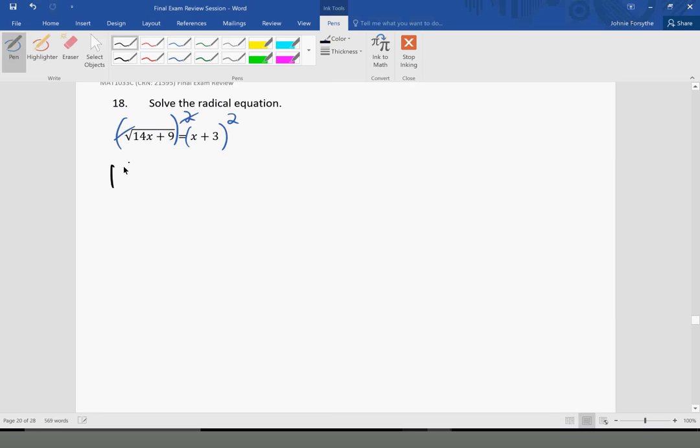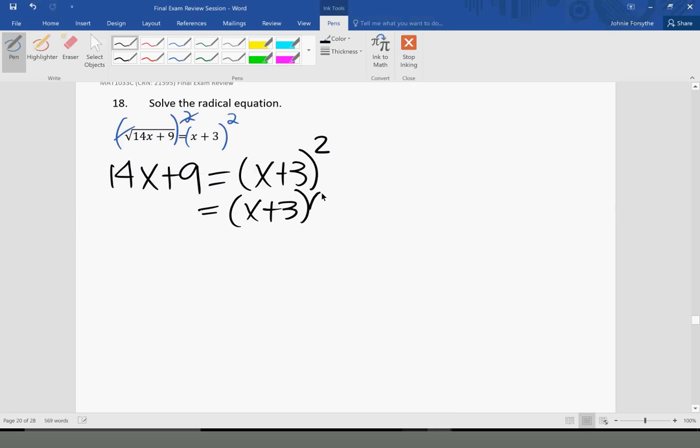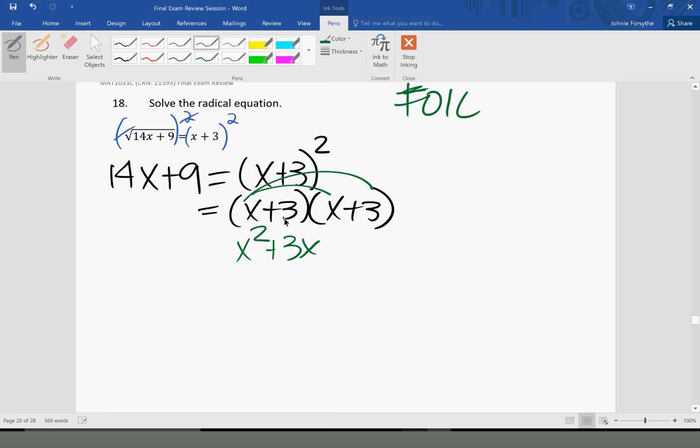So on the left, I just have 14x plus 9. And on the right, I have x plus 3 squared. Now, that means that is x plus 3 times x plus 3. So let's FOIL. X times x is x squared. Outer, x times 3 is 3x.